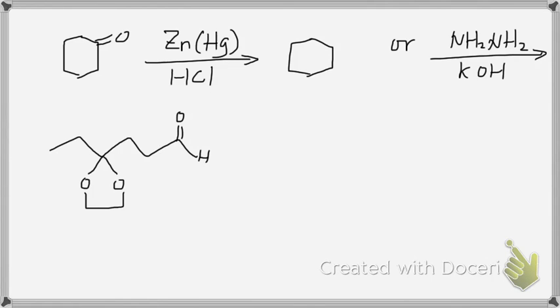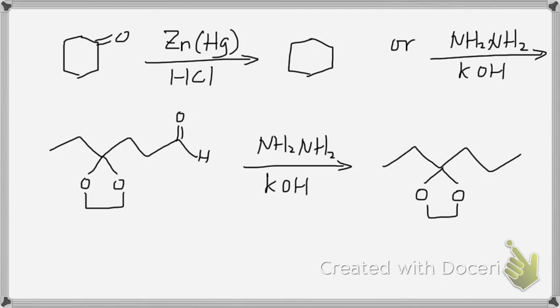What reagent should you choose? You can use only one, not the other. In this case, you want to choose the Wolff-Kishner reduction because it is under basic condition. The acetal protecting group is stable under basic condition, and it will not be touched. So only the aldehyde will be reduced.